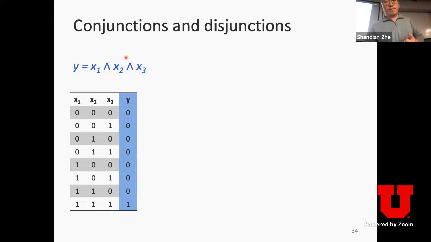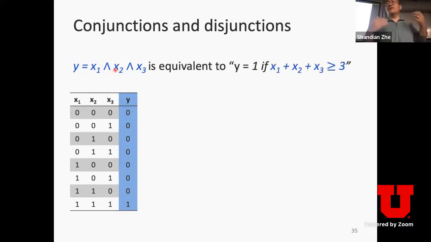So if the output y is 1, x1, x2, x3 must all be 1. That means their summation must be at least 3. In other words, the conjunction of x1, x2, x3 is equivalent to saying y is 1 if and only if the summation of x1 to x3 is at least 3. Otherwise, y must be 0.